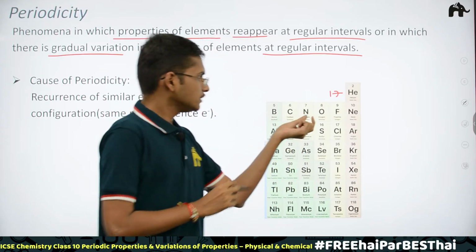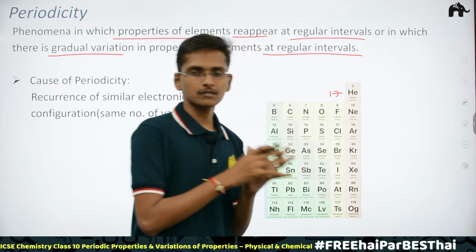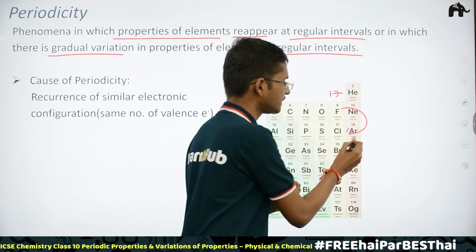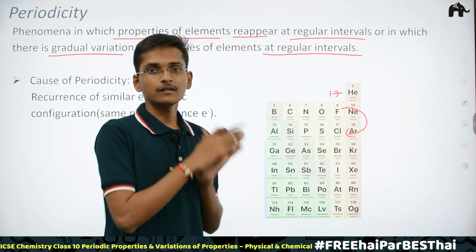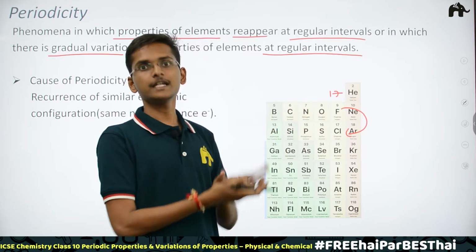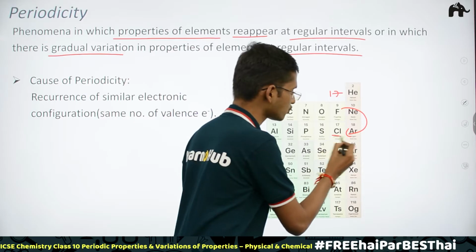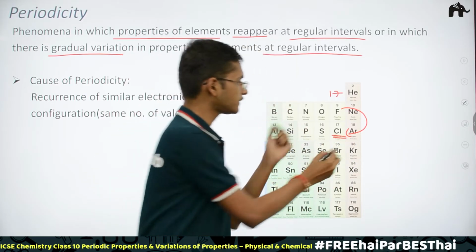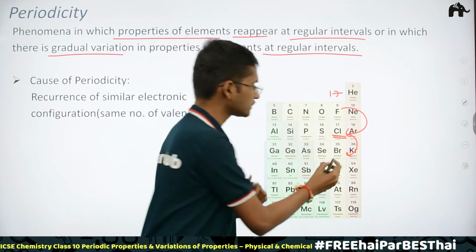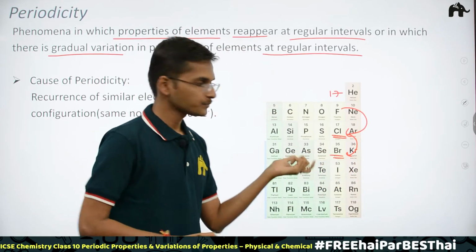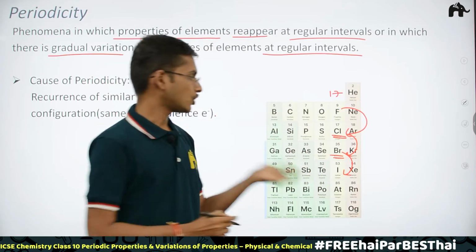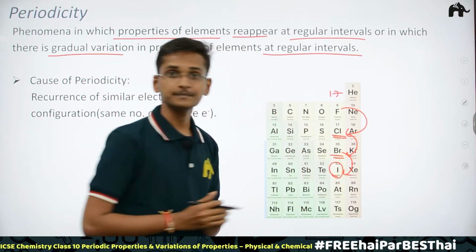Now here you can see that fluorine has some properties, but after an interval we will find that the properties possessed by fluorine are reappearing. How? Because they are shown by chlorine, and again after an interval the properties reappear, because bromine shows those properties, and again after an interval the properties reappear because iodine shows these properties.